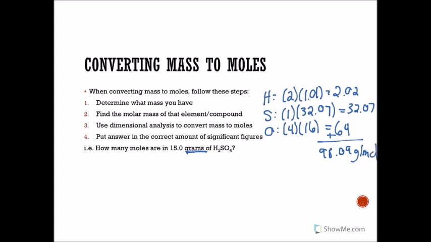And once you figure that out, we start with our number in the question. 15 grams of sulfuric acid. And since we have grams of sulfuric acid on top, we want to put grams of sulfuric acid on the bottom from our molar mass, 98.09 grams sulfuric acid. Remember that the number is attached to the grams.